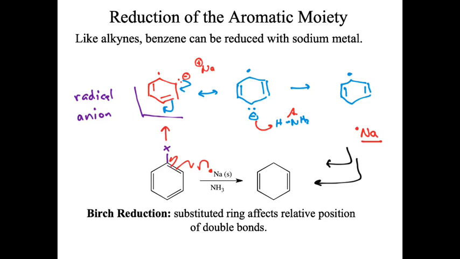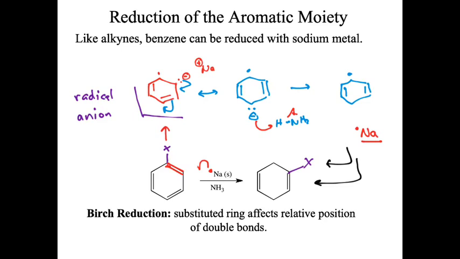So that pi bond is not likely to react if atom X is an activator, which means one of the other pi bonds will. Okay? Which means at the end, this pi bond must still be there. Which means where's atom X in our product? Still connected to one of the pi bonds.